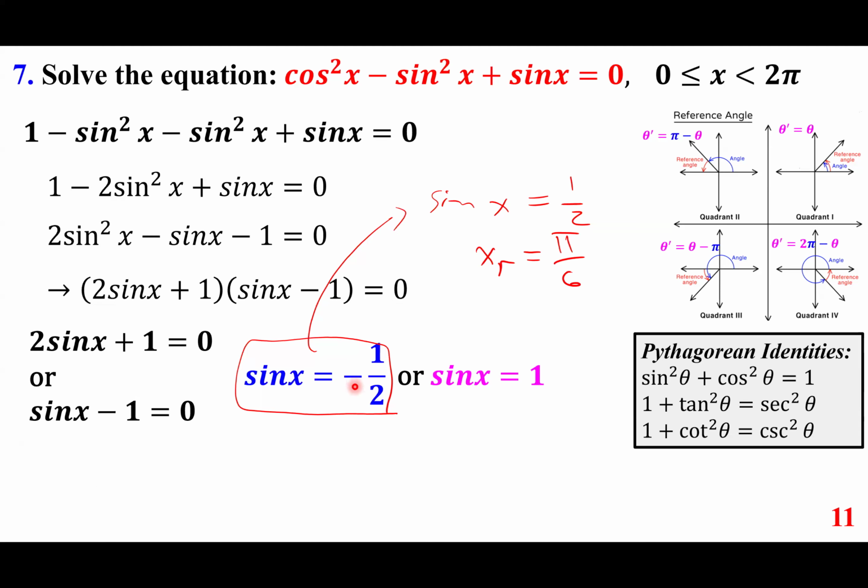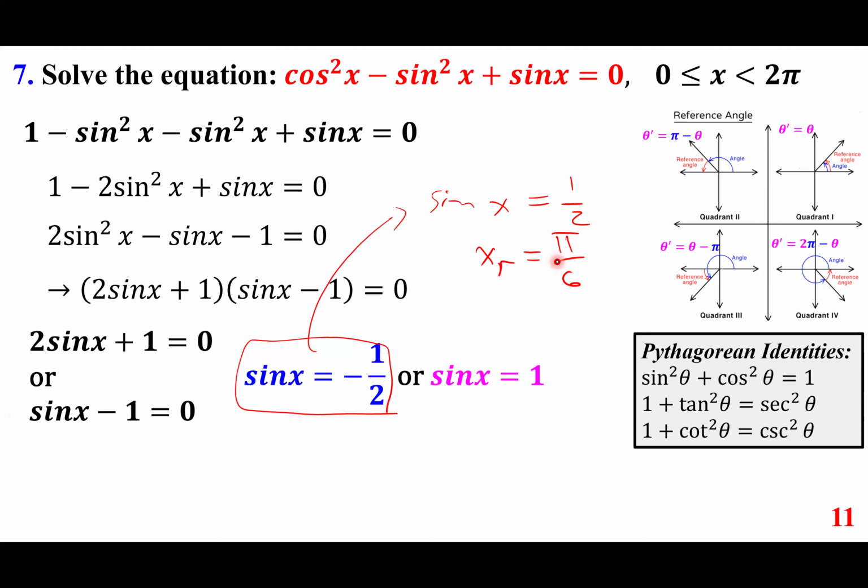If you want it to be negative, having the same value, that means you're talking about the third quadrant. In the third quadrant, theta would be pi plus theta prime. So add pi.